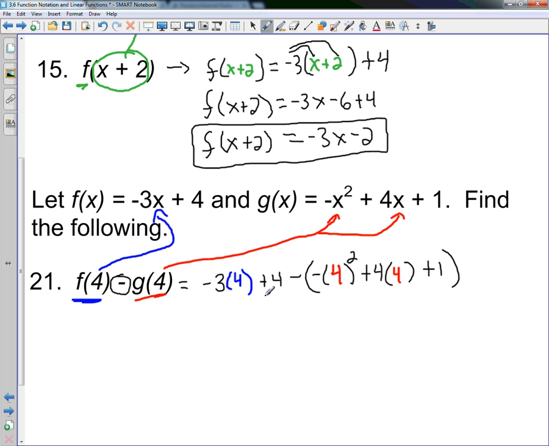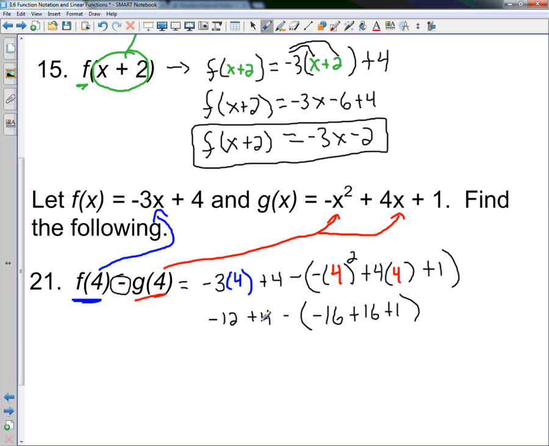Okay. So up front, we have negative 3 times 4 is negative 12, plus 4, minus 4 squared is 16, with the negative in front, gives me a negative 16. 4 times 4 is 16, and then we have a plus 1.